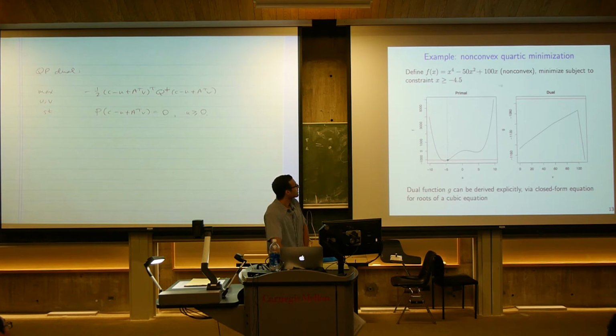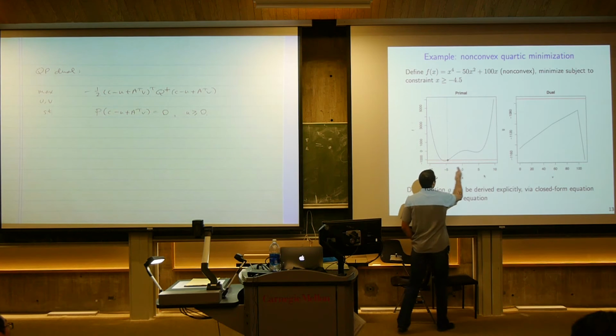It's a non-convex quartic function. It's one-dimensional: x to the fourth minus 50x squared plus 100x. Let's suppose we want to minimize that subject to the constraint that x is larger or equal to minus 4.5. So here's what it looks like. This is the primal criterion. The primal constraint is that x is bigger or equal to minus 4.5, so the feasible set is basically here to here.